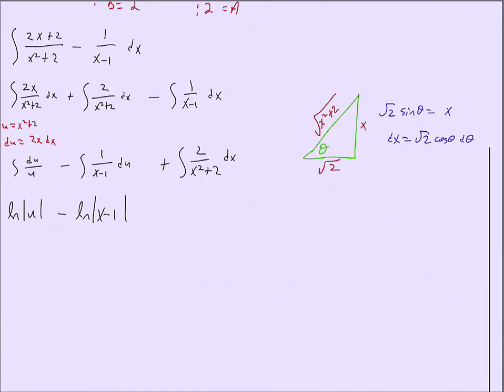And we're going to need to figure out a way to get this x squared plus 2 out of there. So I'm going to need to worry about this in my triangle too. So I will say that that square root over root 2 is equal to the secant of theta.